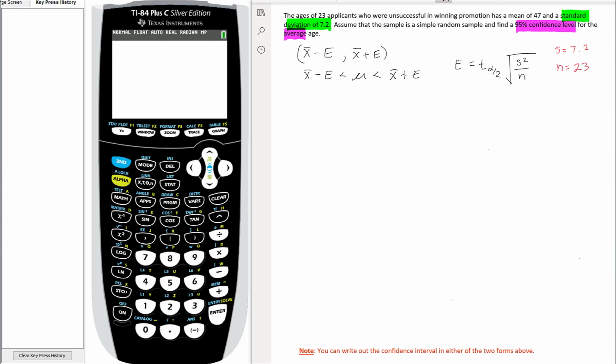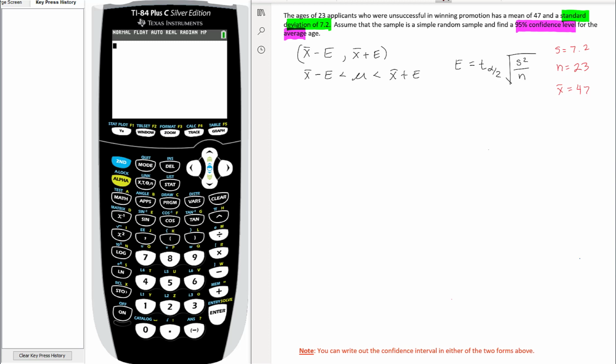So the sample size is 23. We're going to need t, but let's wait on this one for a second. And then we need x bar for this part of the formula. So extract x bar equals, and x bar represents the sample mean, and the sample mean is 47. So extract the 47. Then again, we need t sub alpha over 2.